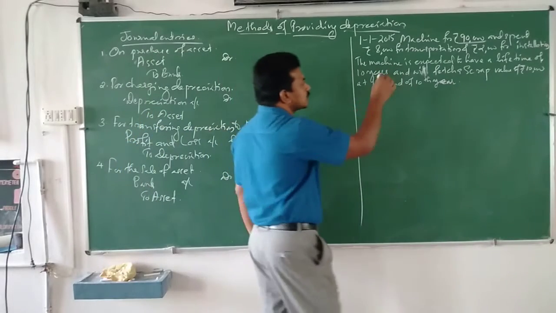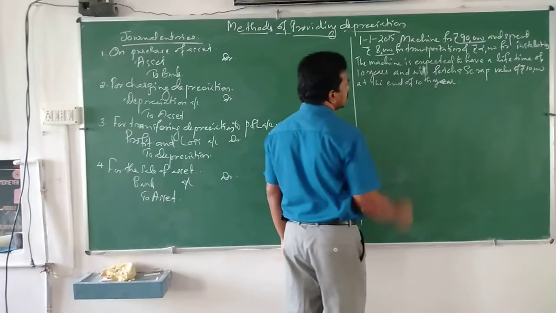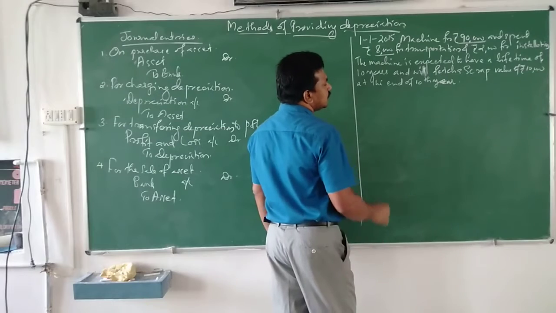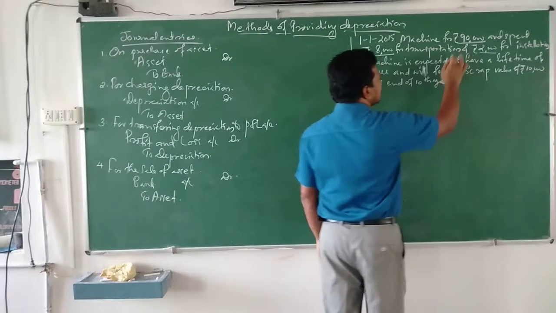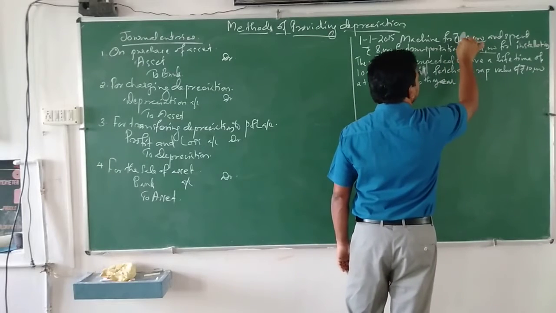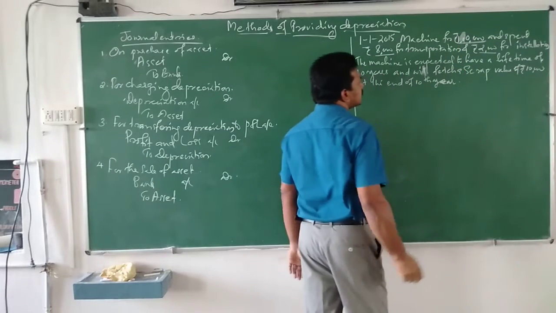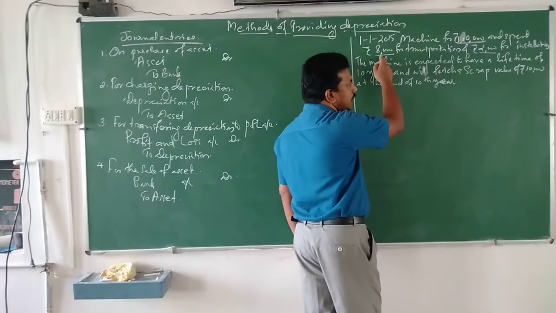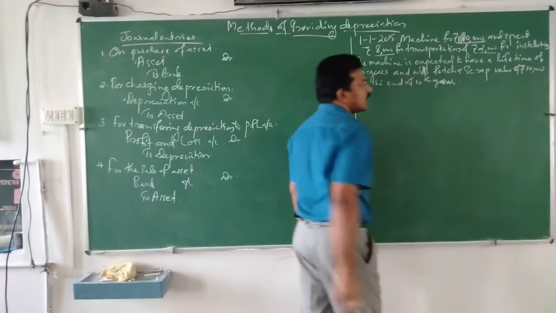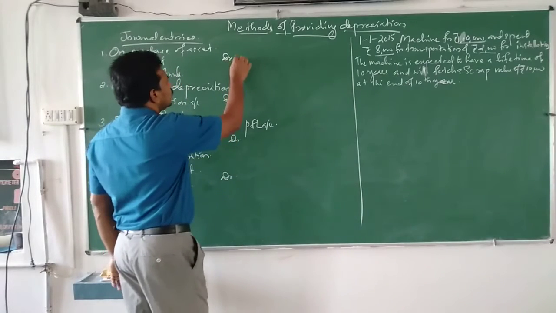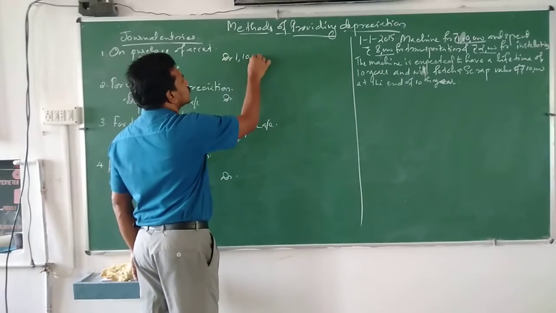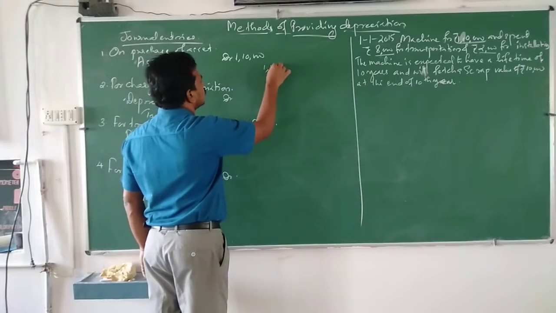So 90,000 plus 8,000, 98,000, plus 2,000. Okay, let it be, instead of 90,000, let it be 1 lakh. 1 lakh plus 8,000, 1 lakh 8,000, plus 2,000. How much? 1 lakh 10,000.